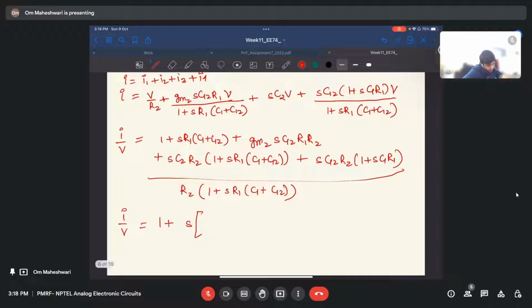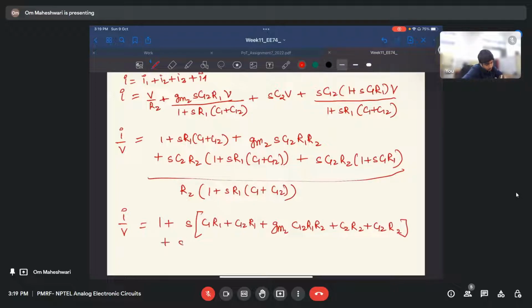So the S term is C1 R1 plus C12 R1 plus GM2 C12 R1 R2 plus C2 R2 plus C12 R2. These are all the S terms, plus S square terms now.